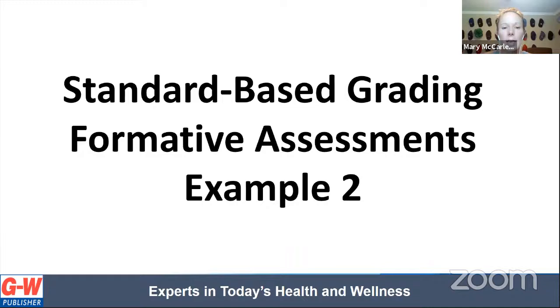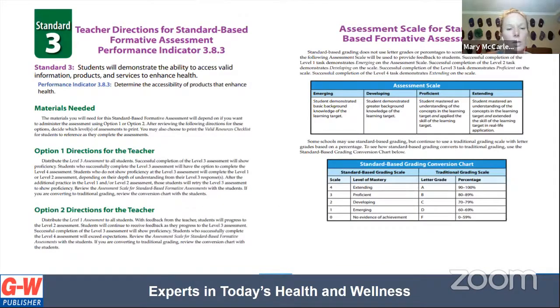So let's look at another example, and this is going to be another example of a formative assessment. So once again, now we're going to look at performance indicator 3.8.3, which is determine the accessibility of products that enhance health. So once again, providing that option, do you want to start all students at a level 3, which is proficient, and then allow students to go up and down this ladder based on how well they do?